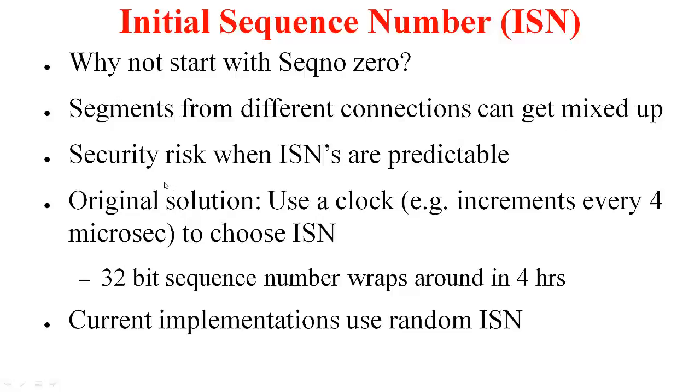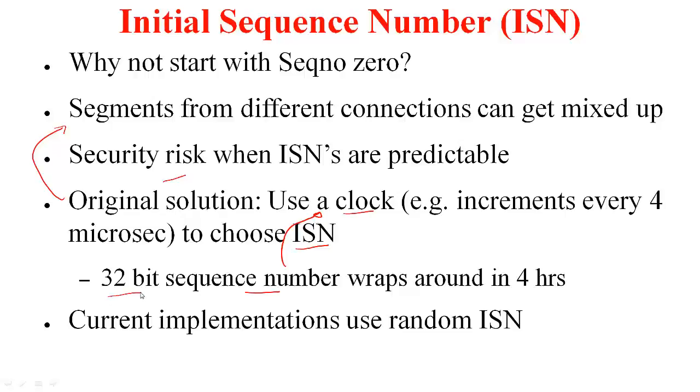Not only that, there is a security risk when using these sequence numbers that are predictable. Originally, when TCP was being designed, this was not the goal. So what they did was to use a clock to choose these initial sequence numbers. This clock increments every 4 microseconds, and so these 32-bit sequence numbers were derived from this clock.